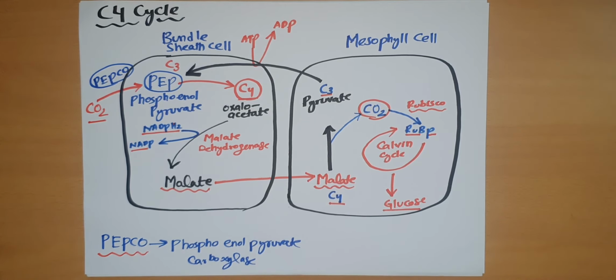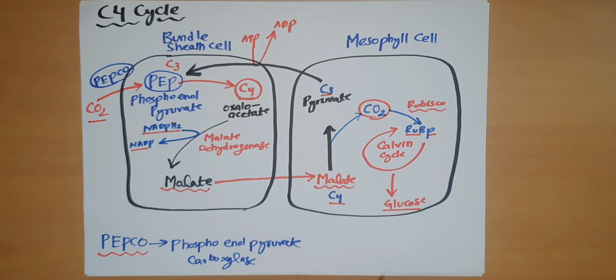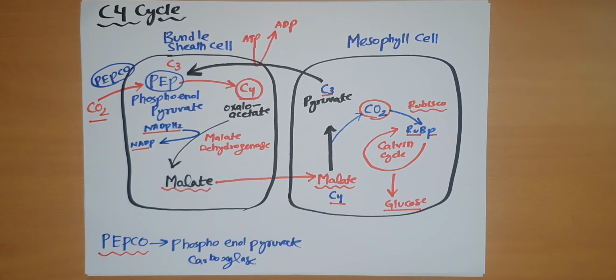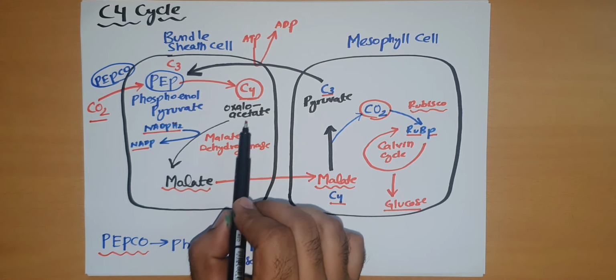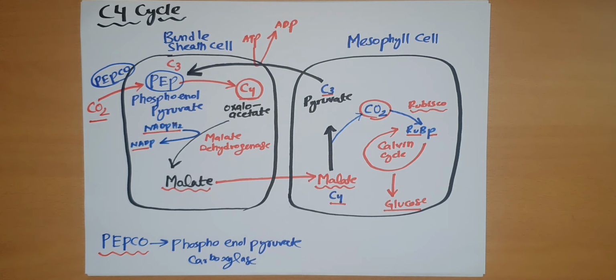Now the main question is, when the same Calvin cycle is happening in the mesophyll cell, then why was there a requirement for production of oxaloacetate and malate, and why does the bundle sheath cell have to take part in this chemical reaction? The answer is very, very simple.